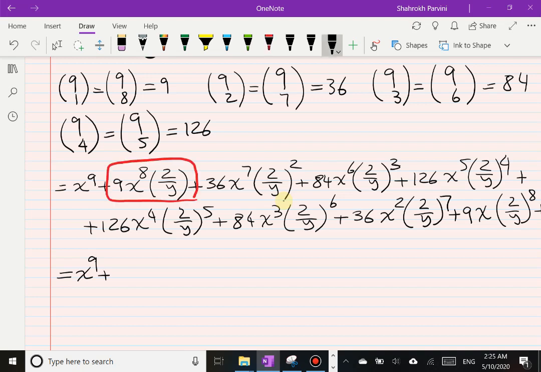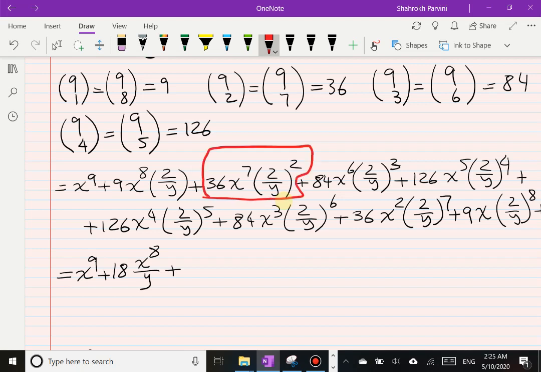Okay, so for this term, I'm going to do 9 times 2. That makes it 18, right? So I'm going to get 18 x to the 8, correct? Plus next term. That next term is going to be this one. When you square the 2, see in here, 2 gets squared.